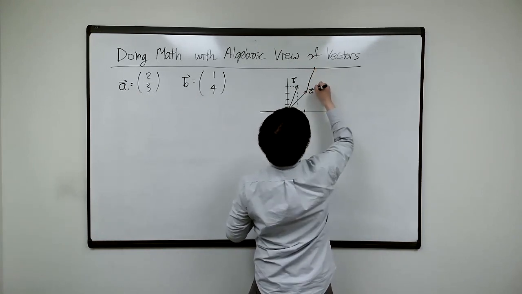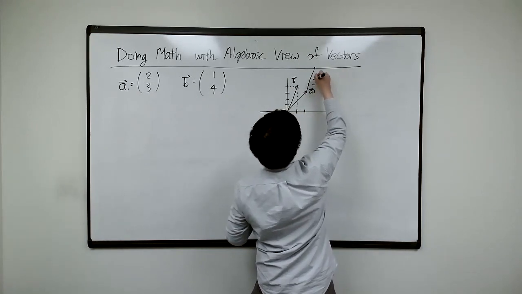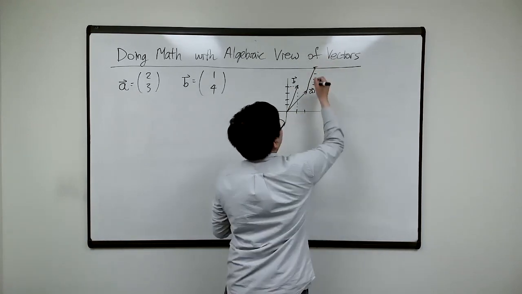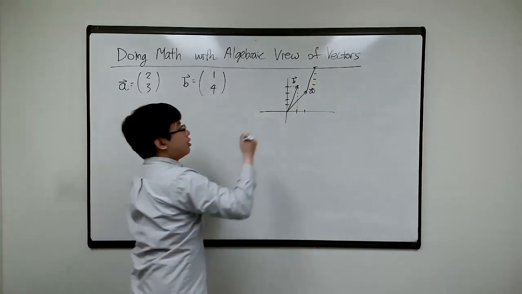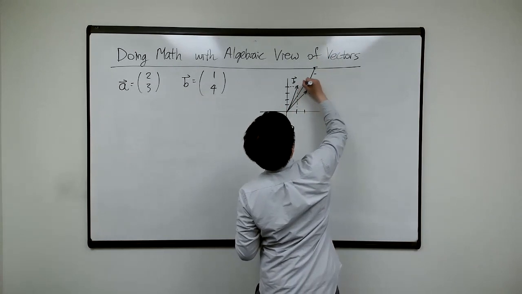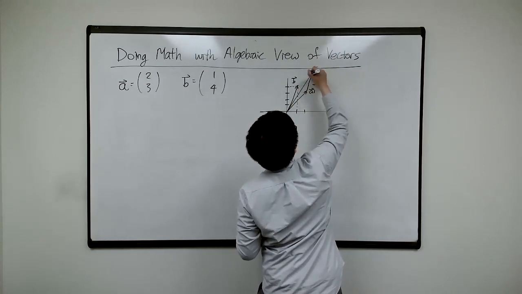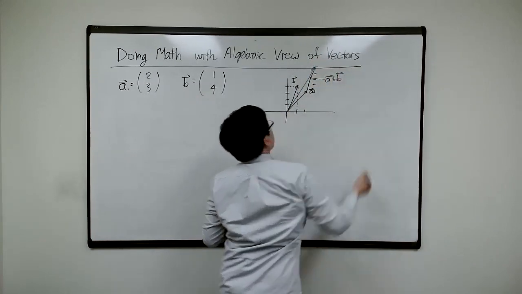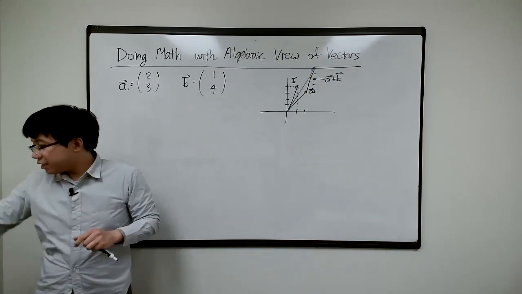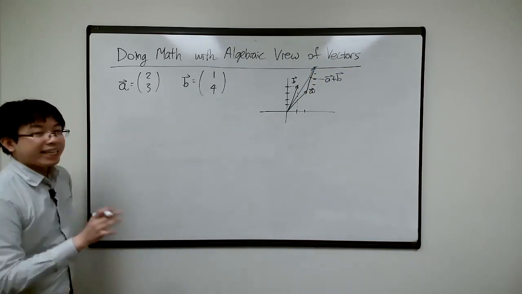So it goes one more unit this way, and then 4 more units that way. And then this whole thing, from here to here, if I draw a straight line, the blue one altogether is A plus B. Not too difficult, very easy to do, but it could be easier.